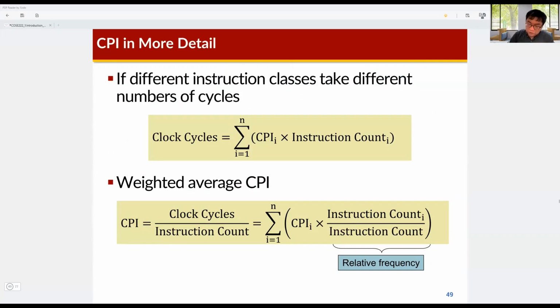Then let's focus on CPI in more detail. There are various types of instructions in the computer processor. In the previous slide, I took the add instruction as an example.